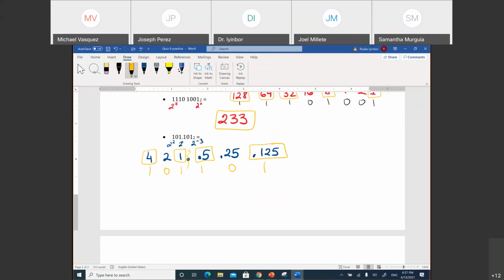And when I add those numbers, I'm going to get 4 plus 1 is 5. And when I add 0.5 and 0.125, it's going to be 0.625, right? So this is the decimal number. Okay? Any questions?